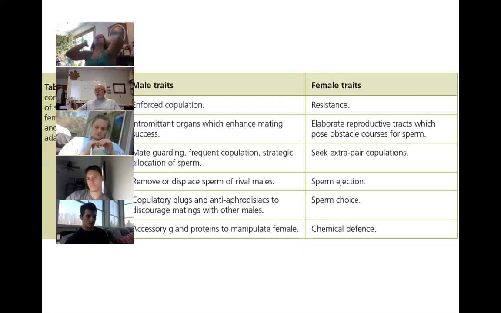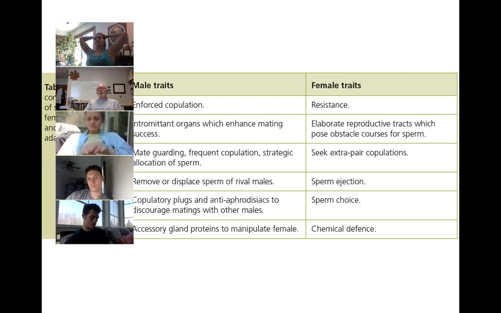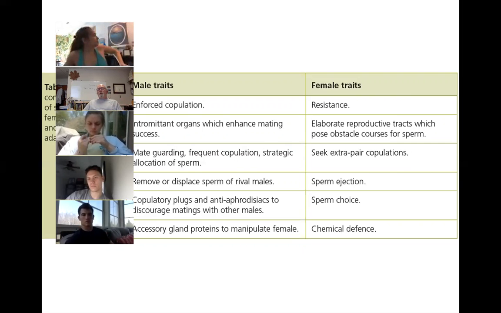This is sometimes referred to as cryptic female choice, because it doesn't look like female choice on the outside. It looks like she's just mating with whatever males want to mate with her, but she exercises female choice after she's received a bunch of sperm from a number of males.